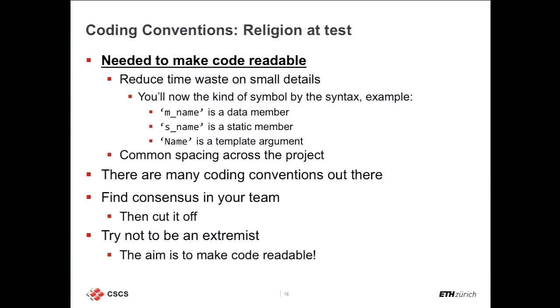It's important because when somebody else looks at the code, or even yourself in a few weeks, looks at the code, they don't have to spend time looking at what is this symbol, what is this thing. You look into a function, you see a name, and you say, what is this? Is it a local variable? Is it a global variable? What is that? If you have name conventions, then you can simply not even think about it. You say, okay, this is a data member of my class.